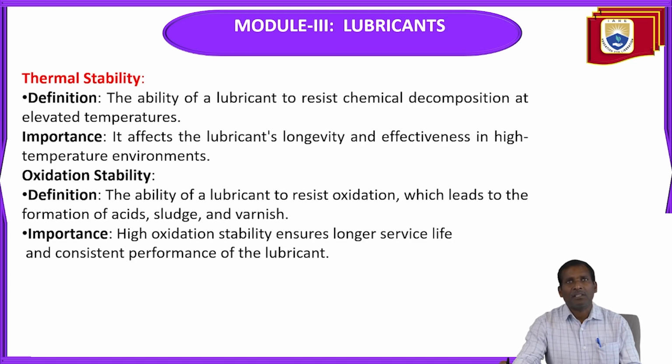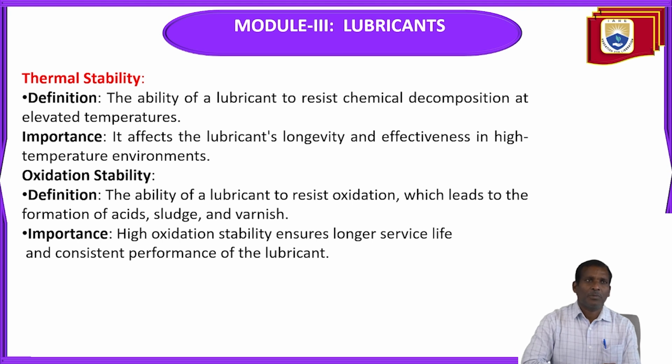Next property is thermal stability. The definition is the ability of a lubricant to resist chemical decomposition at elevated temperature. The importance of thermal stability is that it affects the lubricant's longevity, that is the lubricant's lifespan, and effectiveness in high temperature environments.